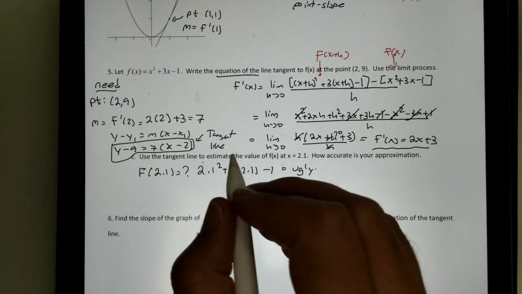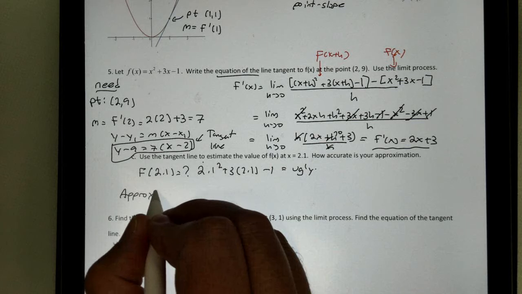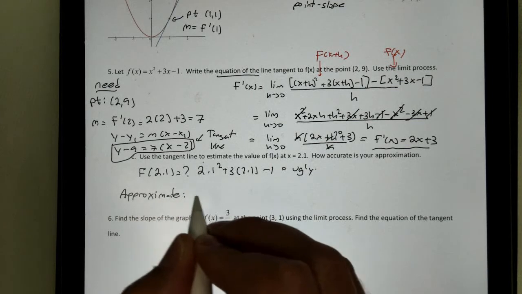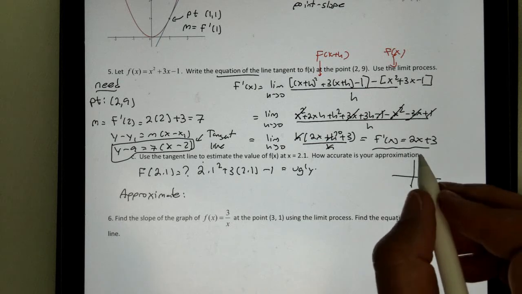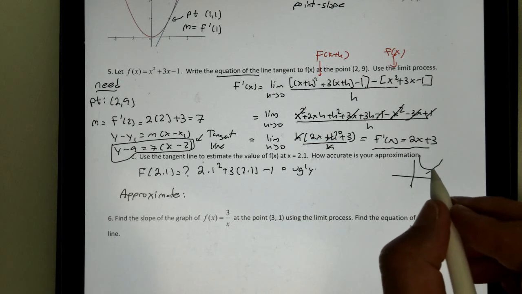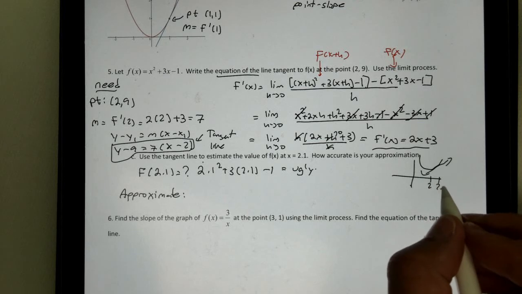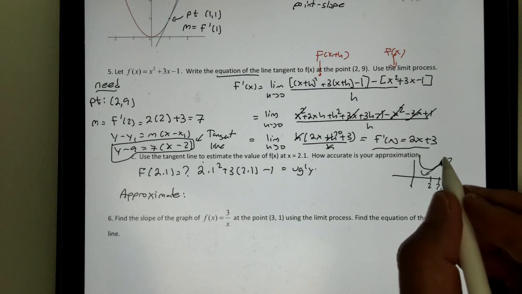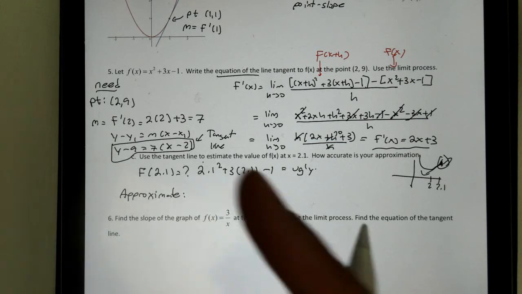Well, a tangent line allows me to approximate. We'll talk more about this later on this year, but a tangent line basically says if here's my parabola and there's my tangent line at 2, here's 2.1. These values are actually pretty close together.